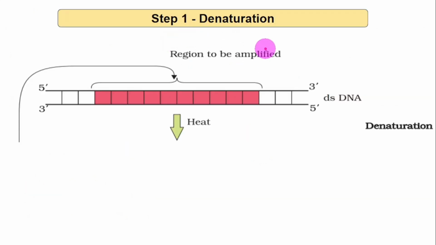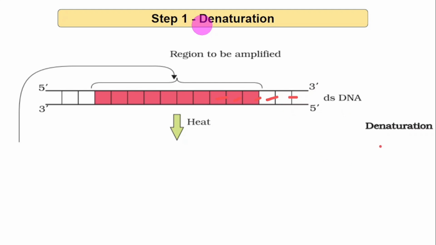So step number 1 is denaturation. What is the meaning of denaturation in the context of DNA? Denaturation simply means breaking of the hydrogen bonds, the hydrogen bonds which hold the two strands of a double-stranded DNA.